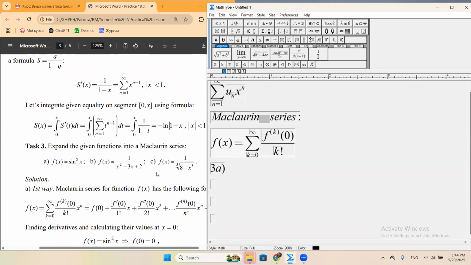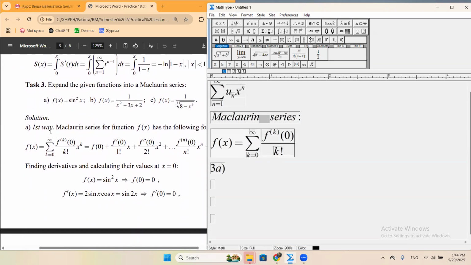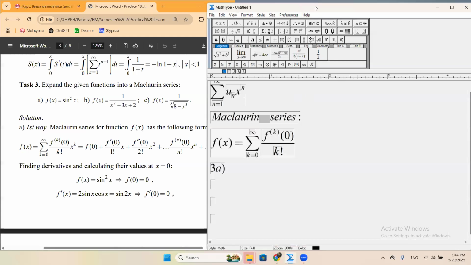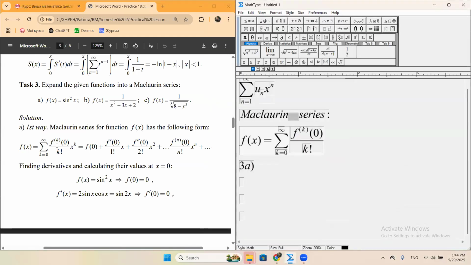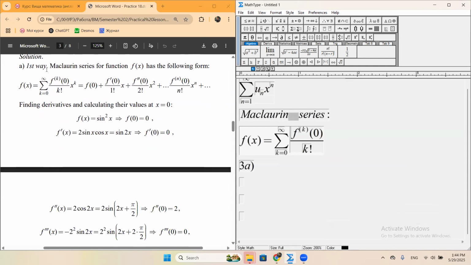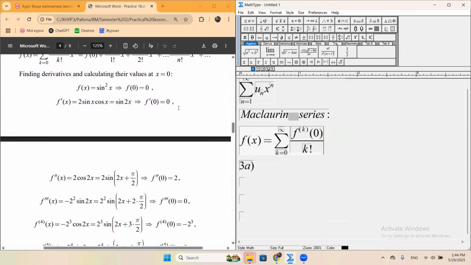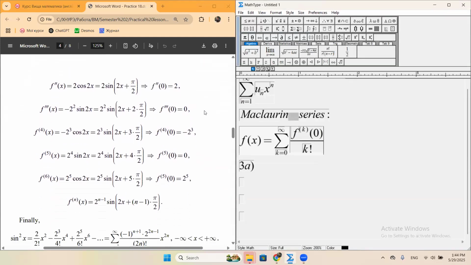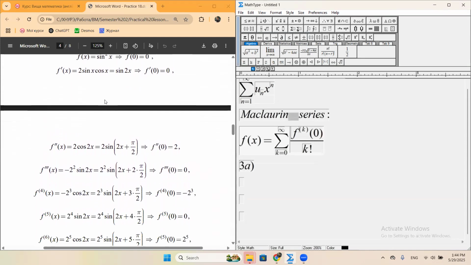Let's just look through this example. The first way for 3a. By the way, do you see everything well or not? Yeah, it's fine. Okay, let's look through the first way. In the first way, we just find derivatives and calculate them at point 0.